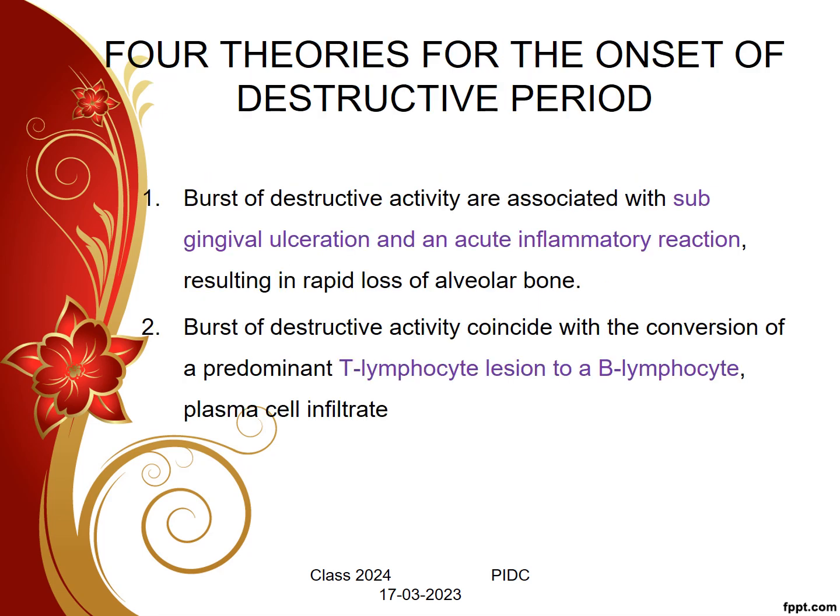So, four theories for the onset of the destructive period. How does this destructive period get switched on? One is a burst of destructive activity associated with subgingival ulceration and an acute inflammatory reaction, or it could coincide with the conversion of a predominant T lymphocyte to a B lymphocyte phase. As I told you previously, during gingivitis it is a contained T lymphocyte phase, whereas when it goes to advanced stages, it goes to the B lymphocyte stage.